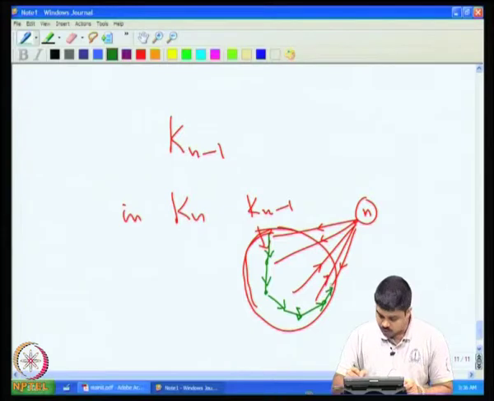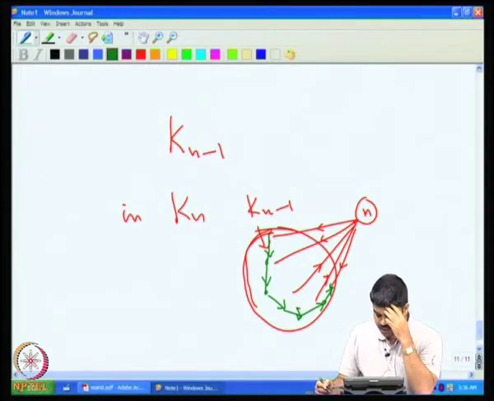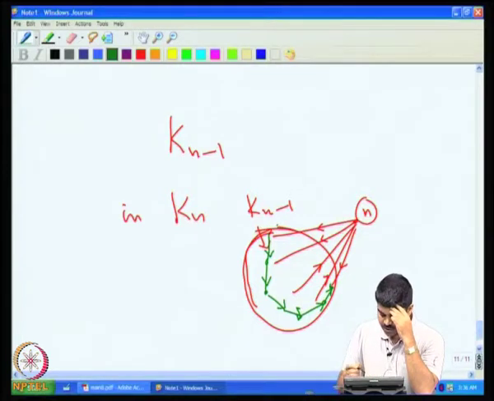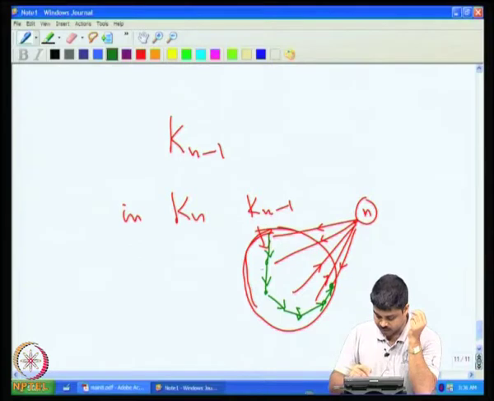Now the idea is, you first look at the last vertex of this directed Hamiltonian path and see how this edge is oriented.